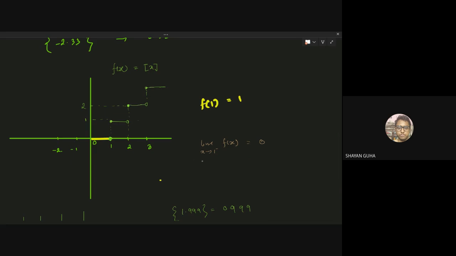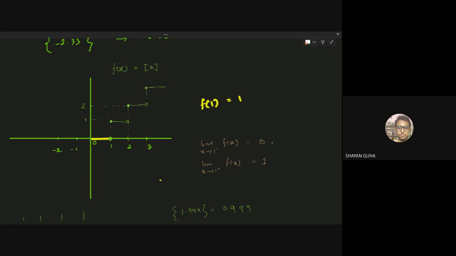Now if we take the limit as x tends to 1 plus, the value of f(x) becomes 1, because x is approaching from the right-hand side, meaning x is slightly greater than 1, let's say 1.001. Still, for that my box function will give me 1.